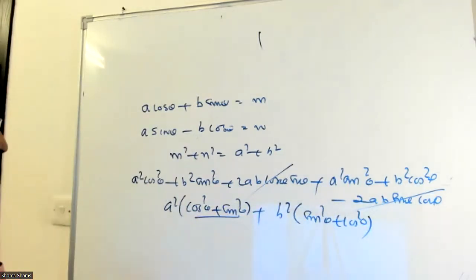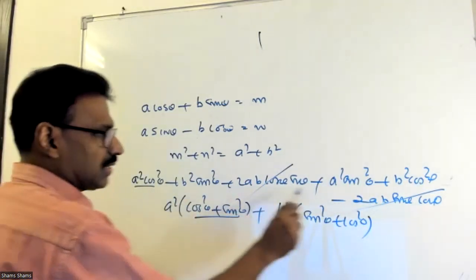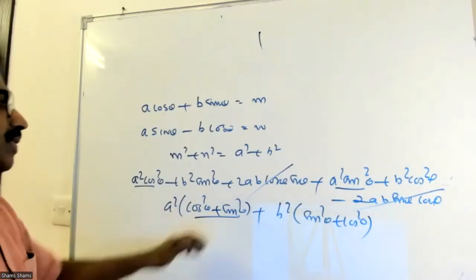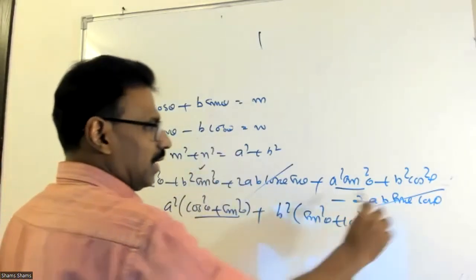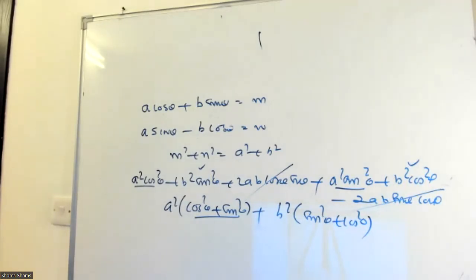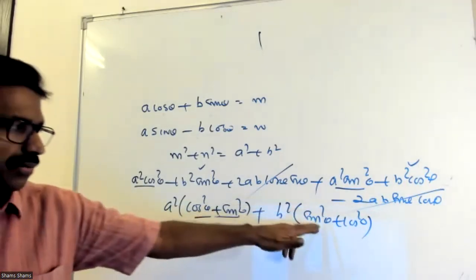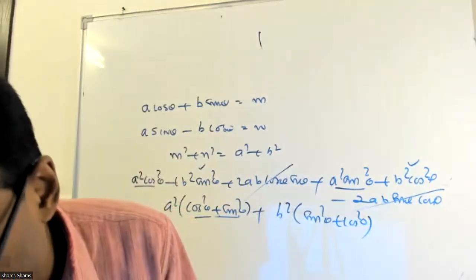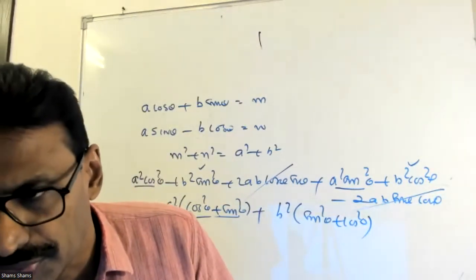Then A square cos square theta, A square sin square theta combine A square into cos square theta plus sin square theta. B square sin square theta and B square cos square theta combine B square into sin square theta plus cos square theta. So this is 1, here 1, then A square plus B square. Okay. So up to here you have to study because next class it will be more tough questions.